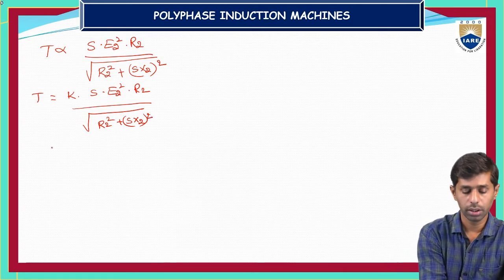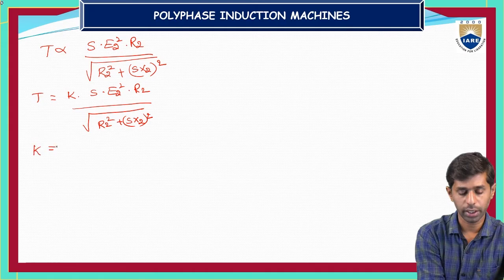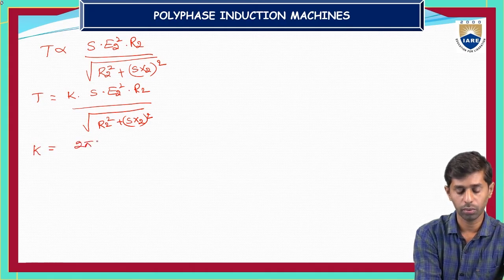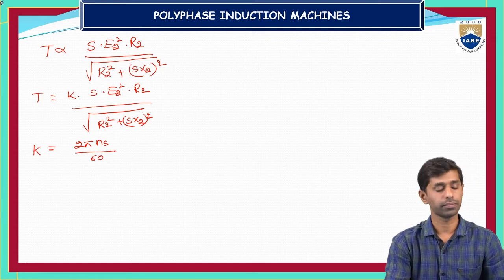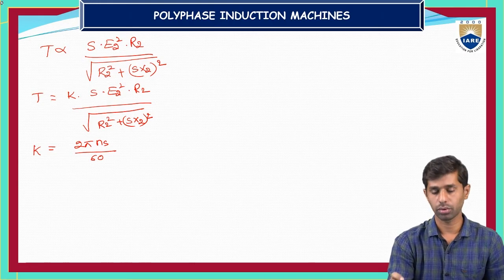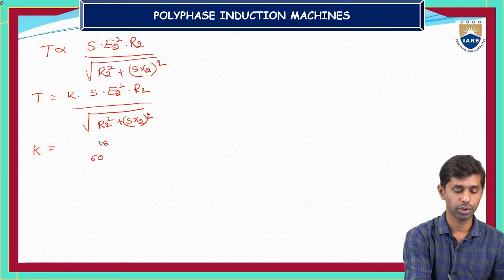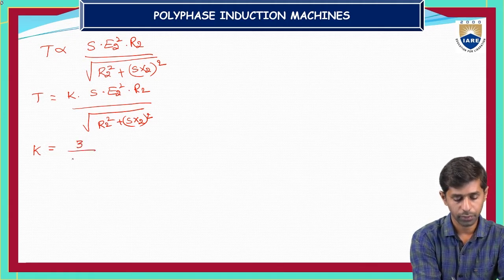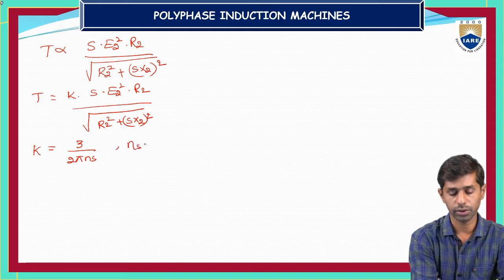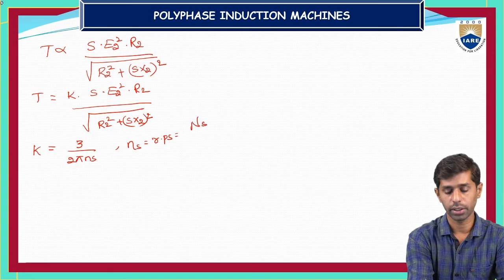So from this, the proportionality constant K equals 2 pi Ns by 60. Sorry, the proportionality constant is 3 by 2 pi Ns, where Ns is in terms of RPS, that is equal to Ns in terms of RPM by 60.